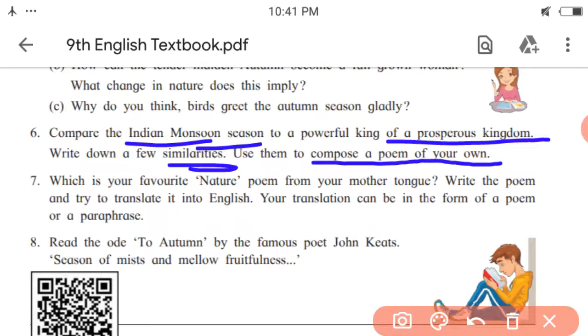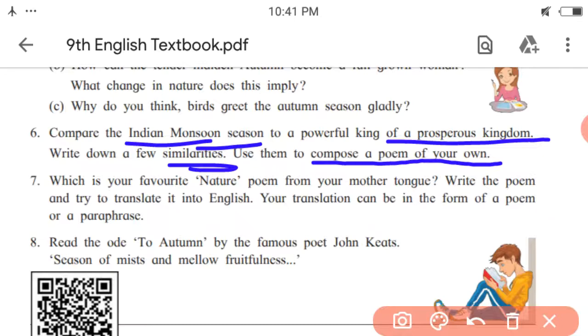Just like the king does justice with all his people, all his subjects, the same way the Indian monsoon does.